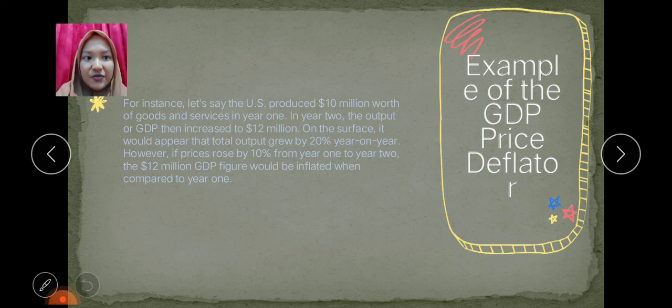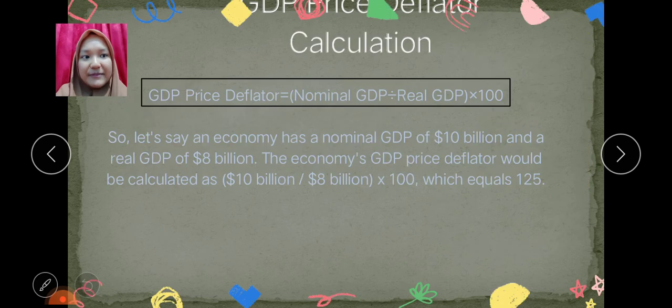On the surface, it will appear that total output grew by 20% year on year. However, if price rose by 10% from year 1 to year 2, the $12 million GDP figure will be inflated when compared to year 1.